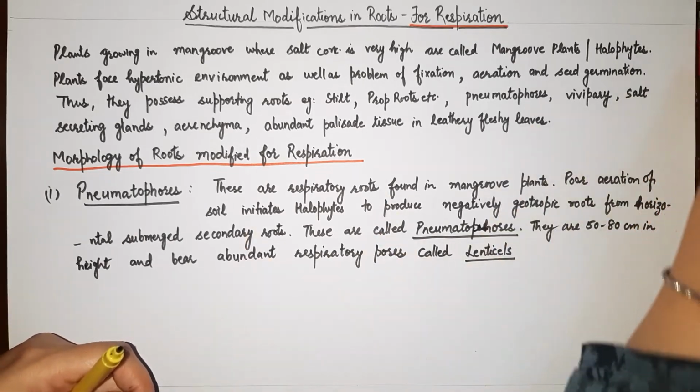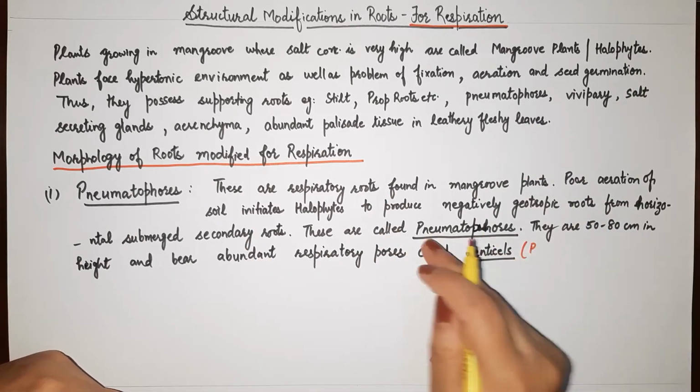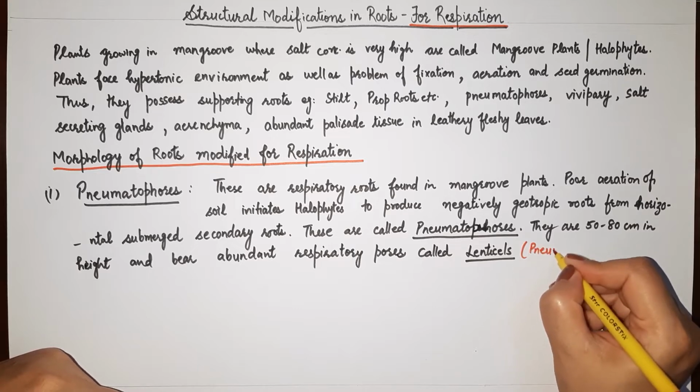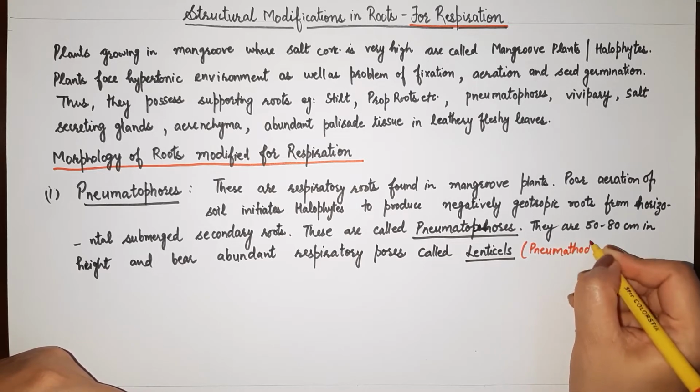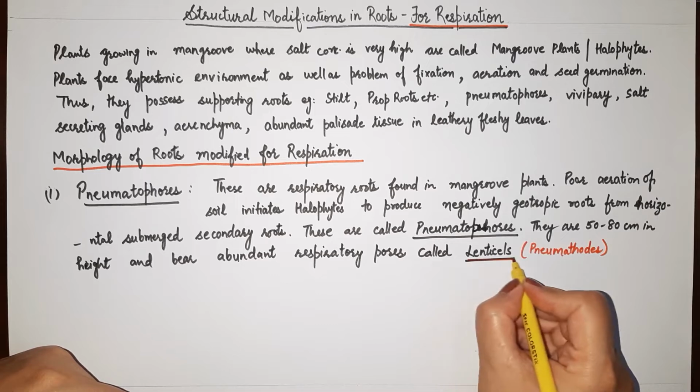And these lenticels, from pneumatophores, are also called pneumathodes. P is silent.